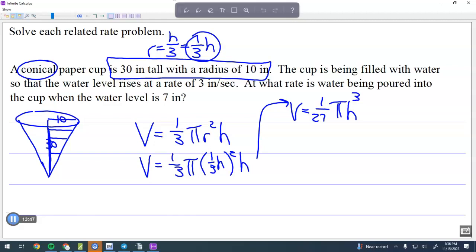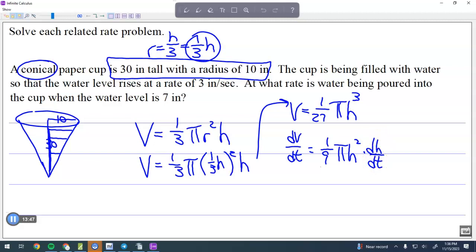Okay. Alright, let's take the derivative here. So the derivative of V is dV/dt. Bring down the 3, multiply by the 1/27. That is 1/9 pi h squared now, because I reduced the power by 1, and I multiply by dh/dt.